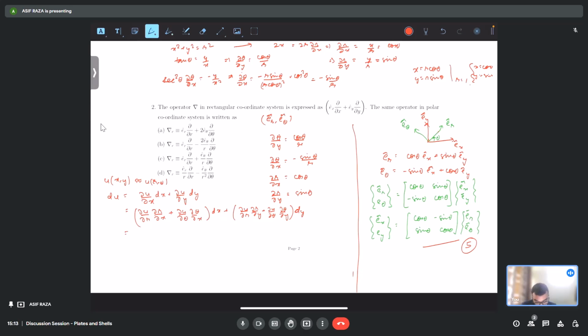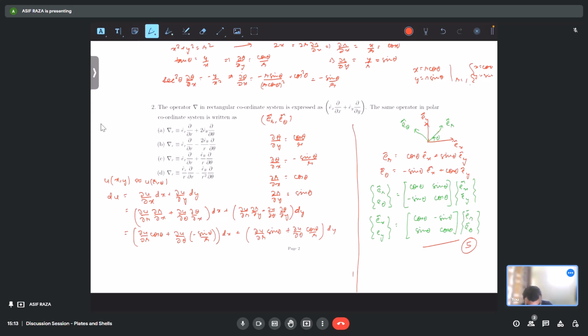So this is equal to dou u by dou r by dou x is my cos theta, and dou u by dou theta by dou x is minus sin theta by r dx, plus dou u by dou r by dou y is sin theta, dou u by dou theta by dou y, dou theta by dou y is cos theta by r dy.